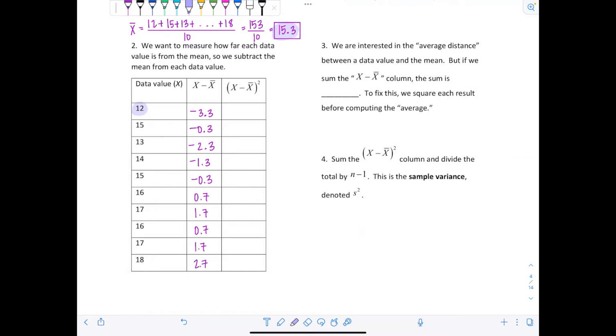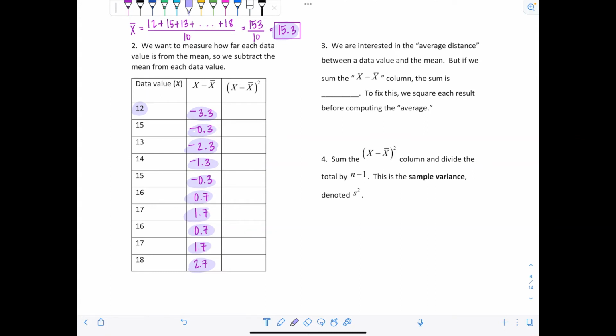All right, so this column here expresses how much each data value deviates or is different from the mean, right? And it would make sense, to get the spread of our data set, that you would want to figure out, on average, how far a value is from the mean. But the problem is you can't average up this column right here.